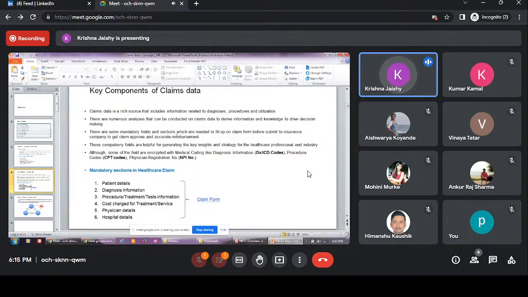There are other mandatory fields and sections which you need to fill in the claims form before submitting to insurance companies. So if you see the claims form, it will have all the information: patient information, doctor's information, surgery that happened, medications, all those things, right?